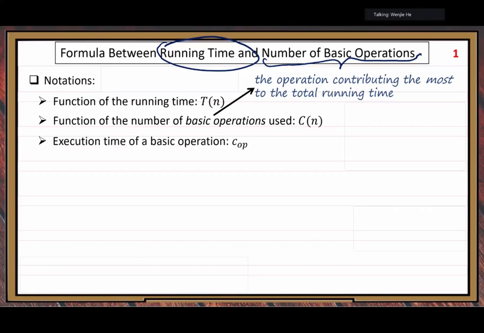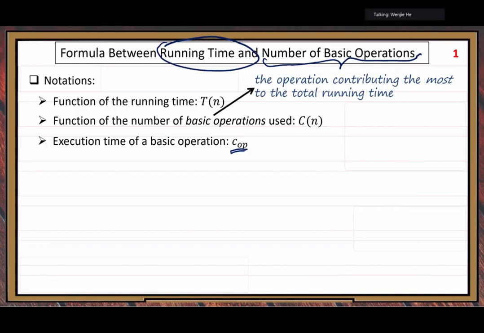Then the relationship. To connect these two functions, we need to introduce a special constant. This little c op, little c, is the execution time of one basic operation.